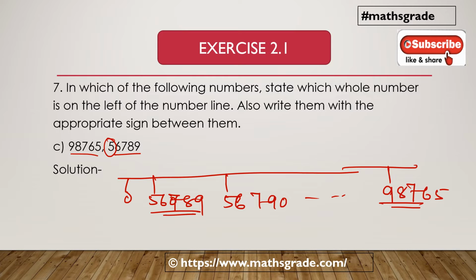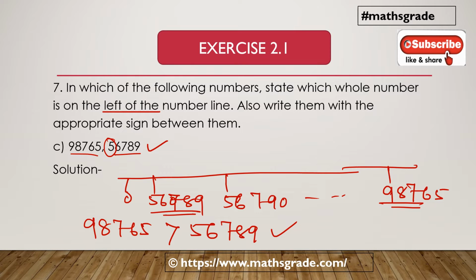So 98,765 is greater than 56,789. And on this number line, 56,789 is on the left of the number line, and 98,765 is greater than 56,789. So the appropriate sign is the greater than symbol.